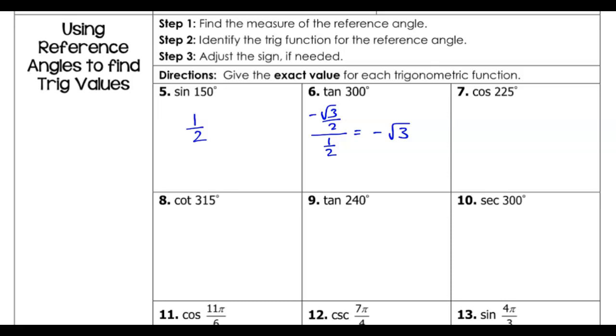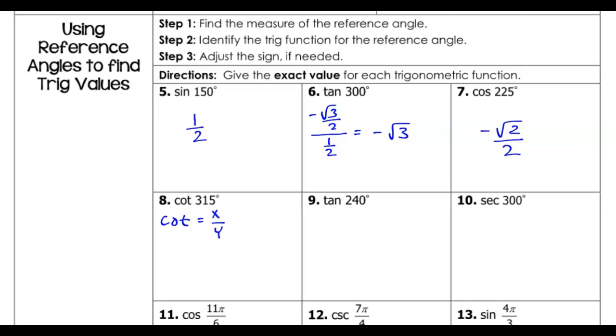Okay, and then if we look at the cosine of 225, remember the cosine is the same as the x coordinate, and so in this case, if you look at your chart over on the next page, that's going to be negative square root of 2 over 2. Now, if you look at the cotangent, remember the cotangent is really just the inverse of the tangent. So instead of y over x, it's going to be x over y.